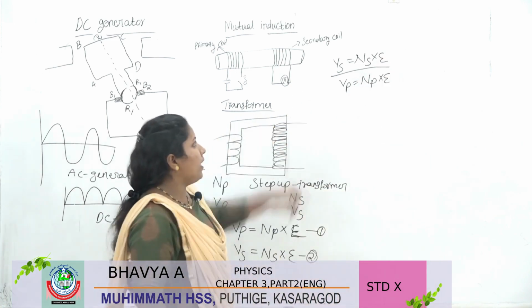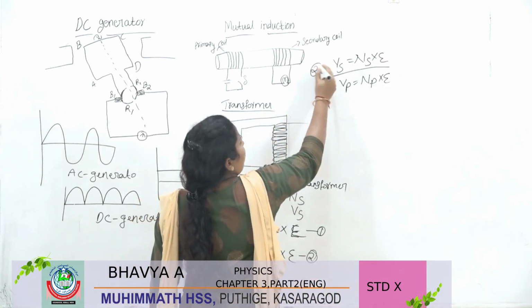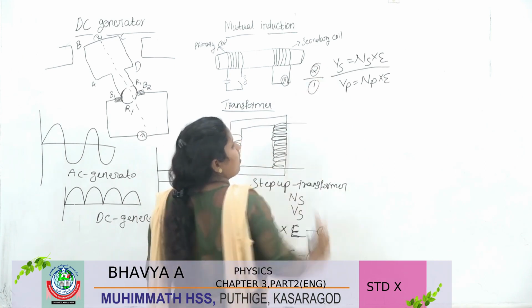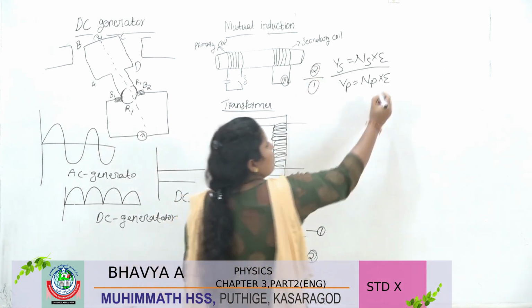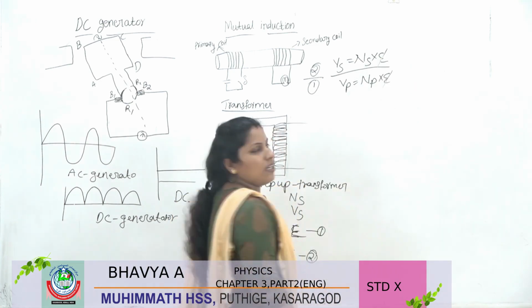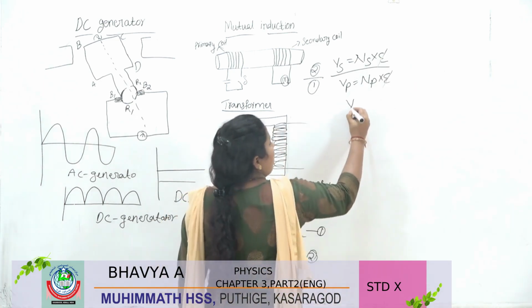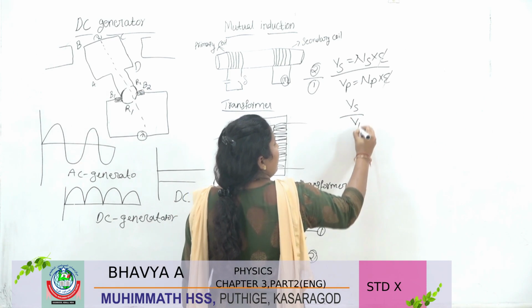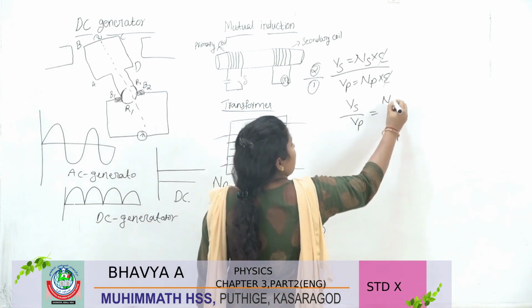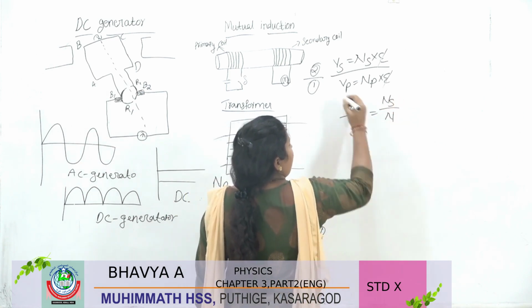What happened here? Both E cancel, and finally we get VS divided by VP is equal to NS divided by NP.